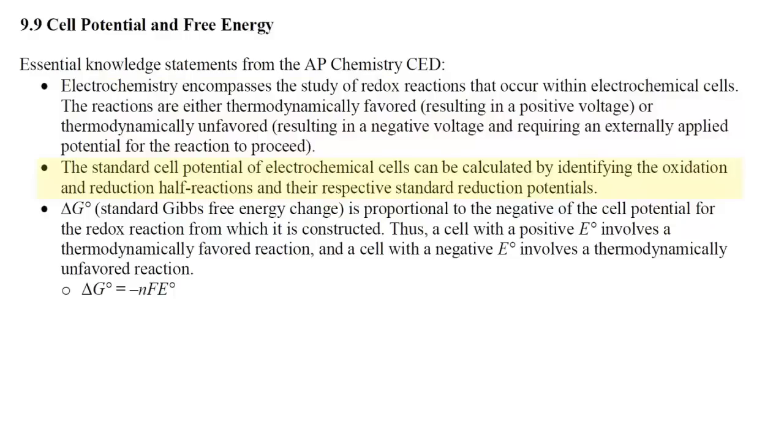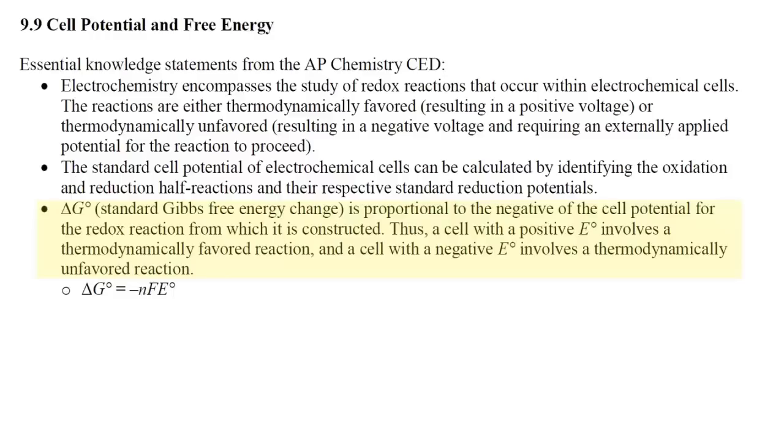The standard cell potential of electrochemical cells can be calculated by identifying the oxidation and reduction half reactions and their respective standard reduction potentials. Delta G, the standard Gibbs free energy change, is proportional to the negative of the cell potential for the redox reaction from which it is constructed.